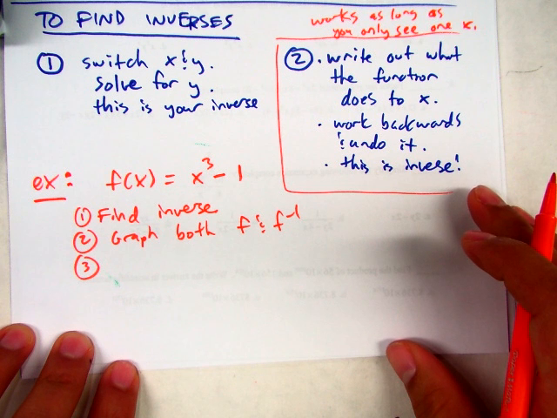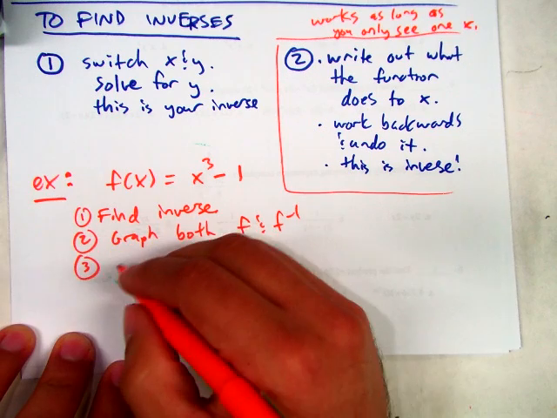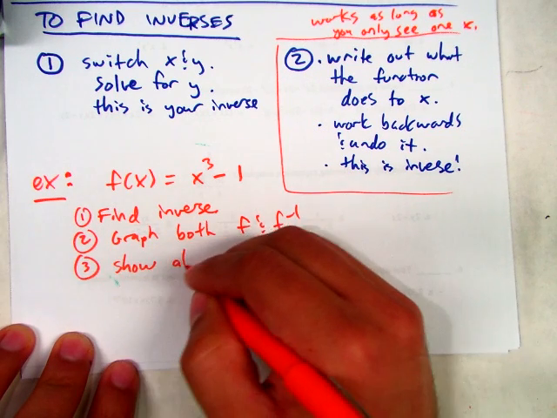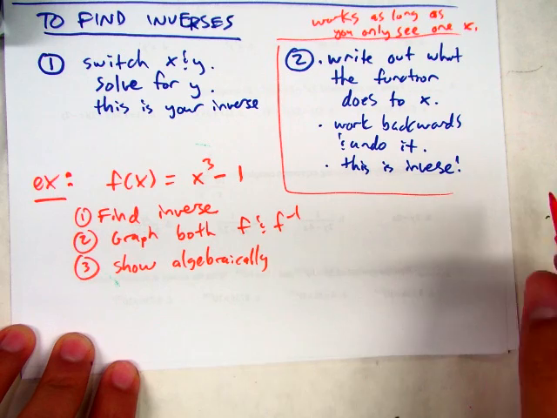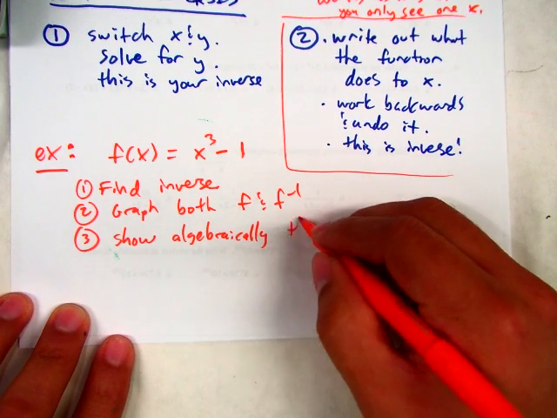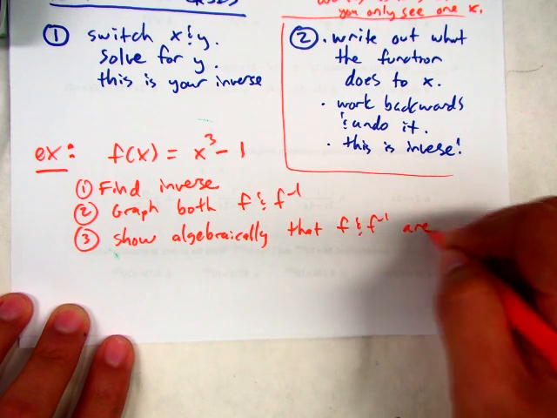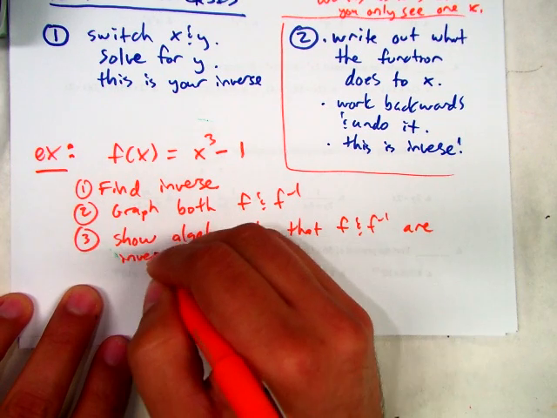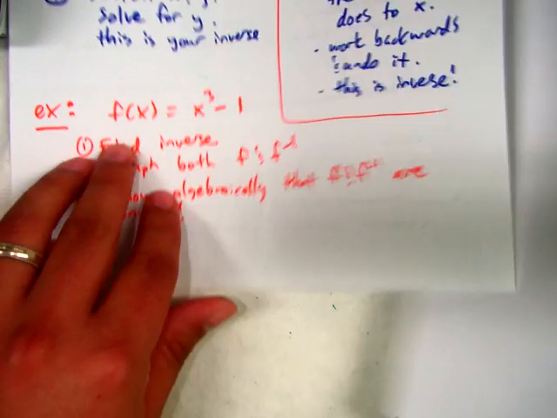And three, show algebraically that f and f inverse are actually inverses. We'll do this one example and do everything we need to do with it so that everything's clear. Okay, so we'll do all three of them very carefully.